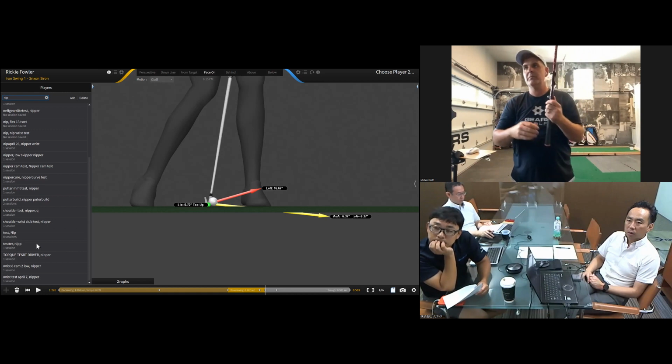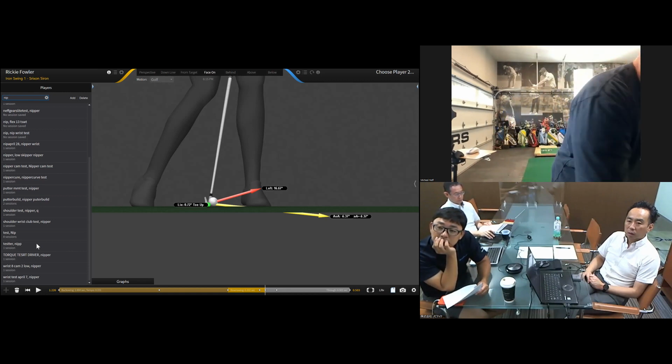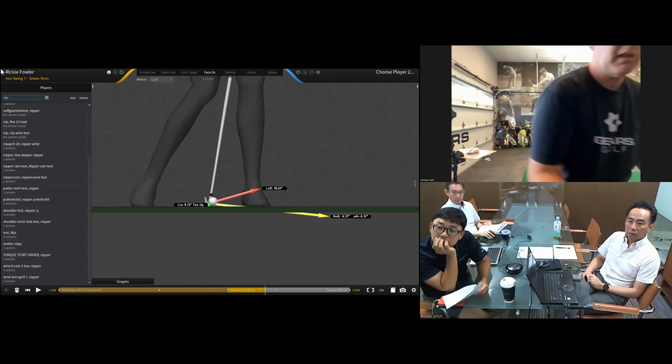So if it breaks, you can just do this. You don't need the shaft clip.